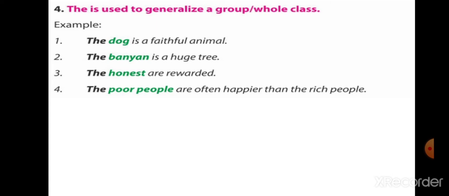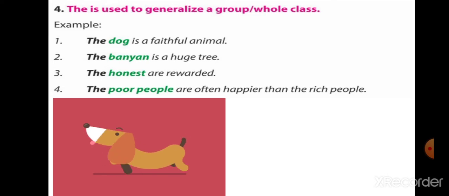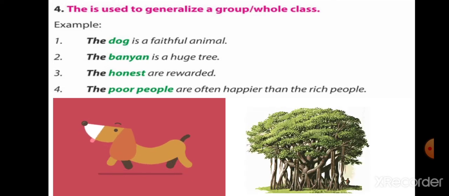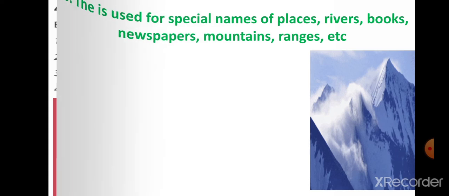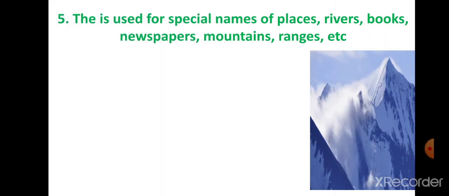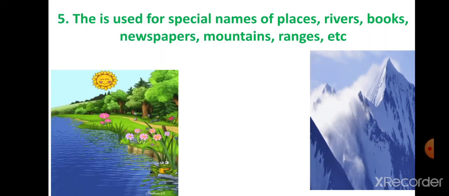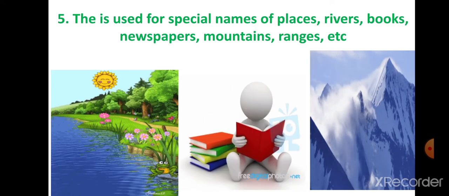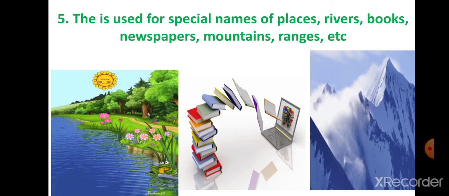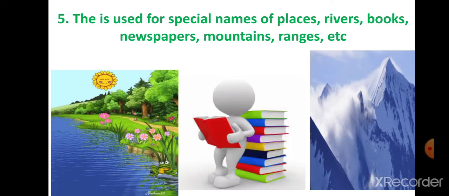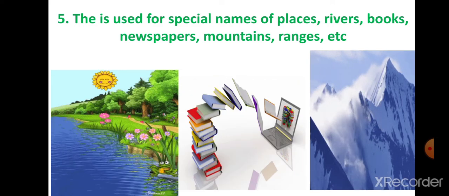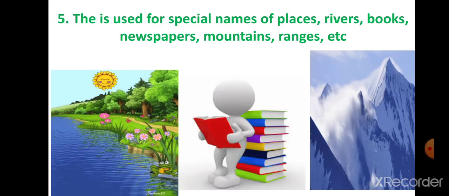The honest are rewarded. The poor people are often happier than the rich people. The is used for special names of places, rivers, books, newspapers, mountain ranges, etc. So for all these special names, we use The.